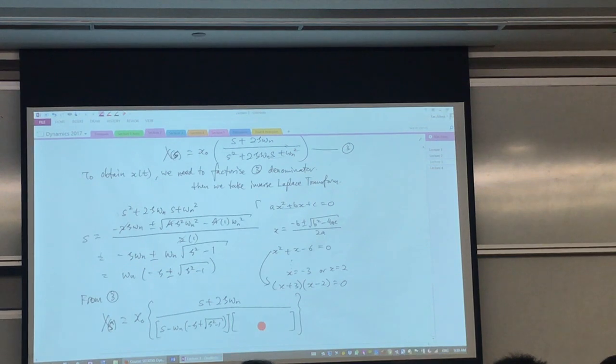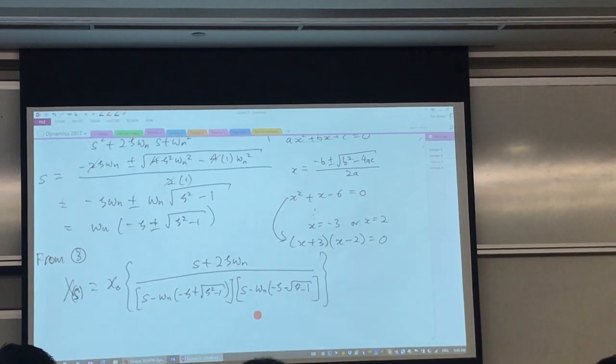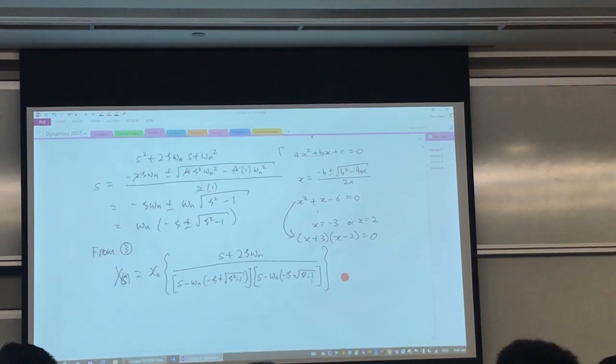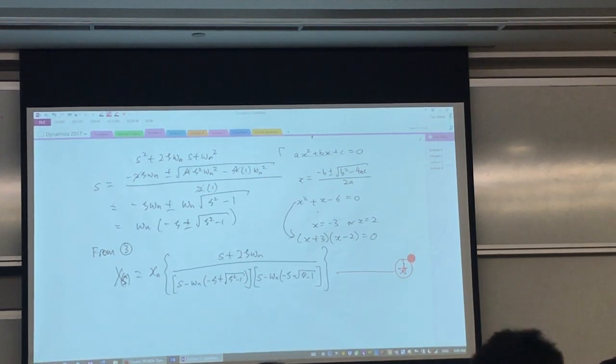And the other term over here is s minus omega n minus zeta, and instead of plus, over here it's minus square root zeta squared minus 1. I'm going to call this equation star. Later on I'll come back to it. So when I talk about equation star, you will know which one I'm referring to.